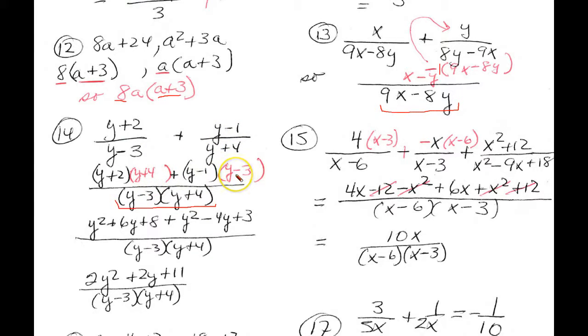So that's what I'm indicating I'm doing here. I'm going to FOIL. I get this. I FOIL. I get that. I combine like terms. Y squared plus y squared is 2y squared. A positive 6y and a negative 4y, a positive 2y. 8 plus 3, 11. And we leave our denominator in factored form.